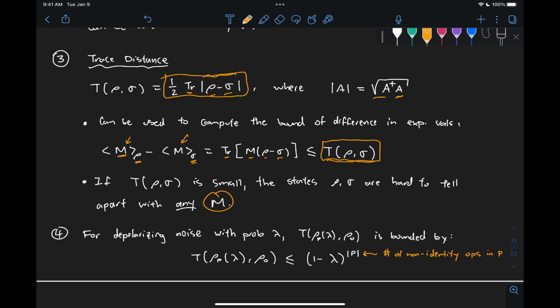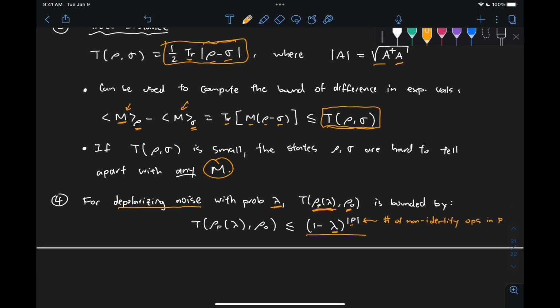I don't understand exactly where this comes from, but we're told that for some depolarizing noise channel, given some probability lambda, taking the trace distance between the noisy density matrix of a Pauli string with respect to the maximally mixed state rho sub 0, that value is bounded by this expression here, 1 minus this lambda to the power of this p, where this notation just indicates the number of non-identity operations in the word p.